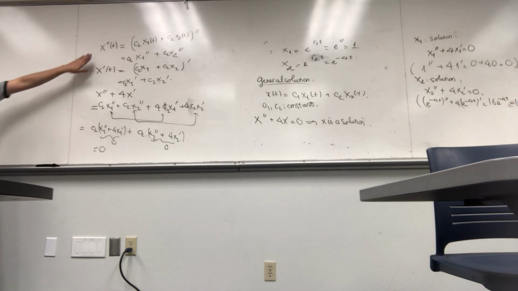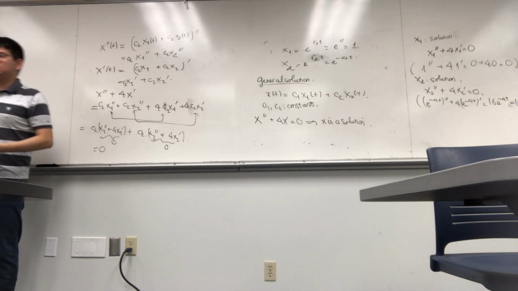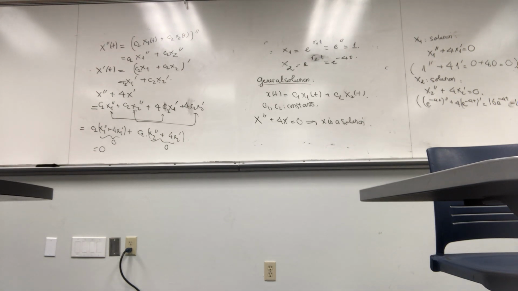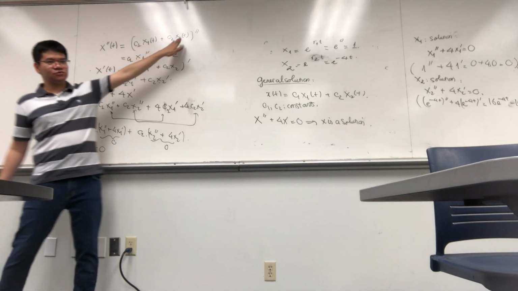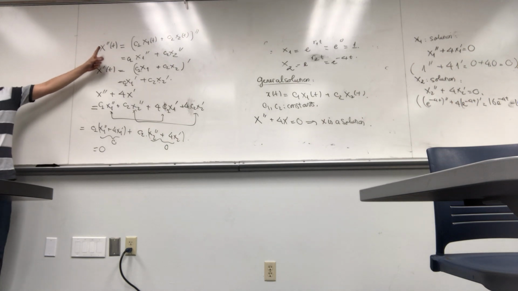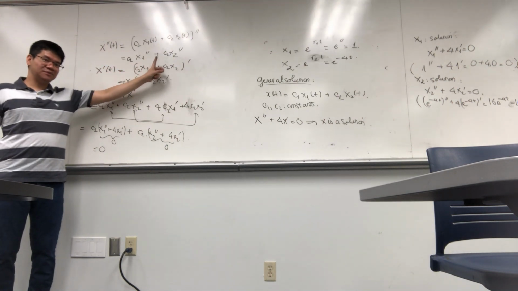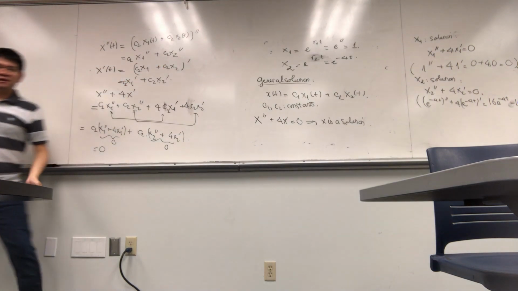Expand again. In the previous explanation, I took c1 to be 1 and c2 to be 3. But if you take a general case in which C1 and C2 are both arbitrary, the second derivative of x becomes C1 x1'' plus C2 x2''.